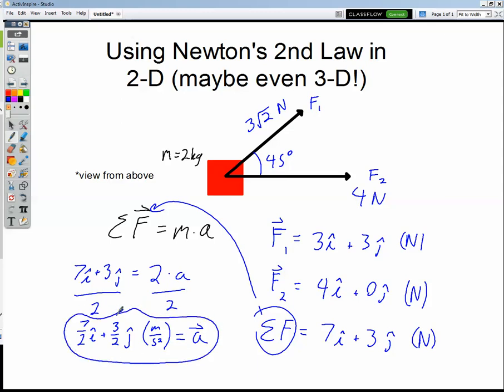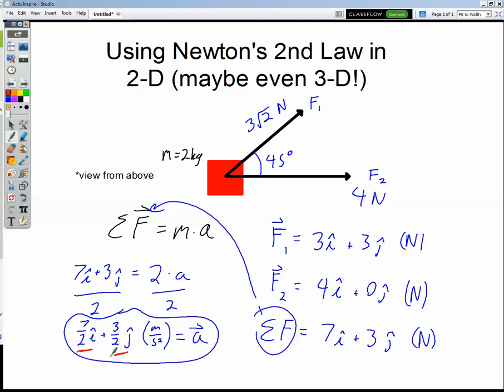And now based on that, remember, we've got an acceleration in 2 dimensions. It's a constant acceleration in 2 dimensions. So the x component of the acceleration is 7 halves. The y component of the acceleration is positive 3 halves. So we get to use everything that we learned about accelerations, velocities, and positions from the previous chapter.